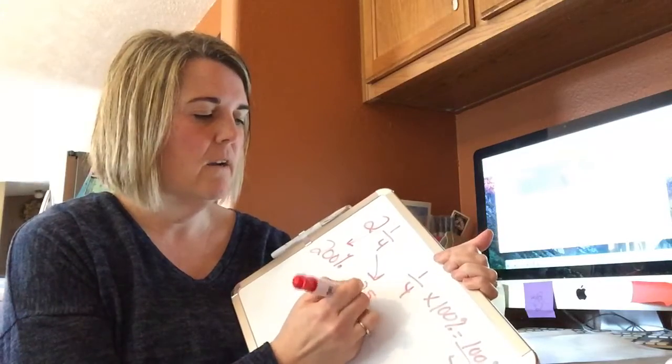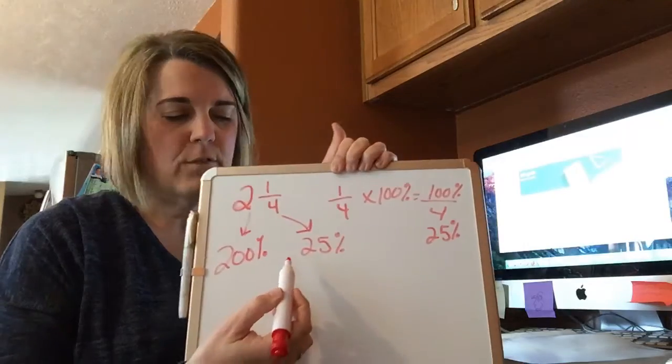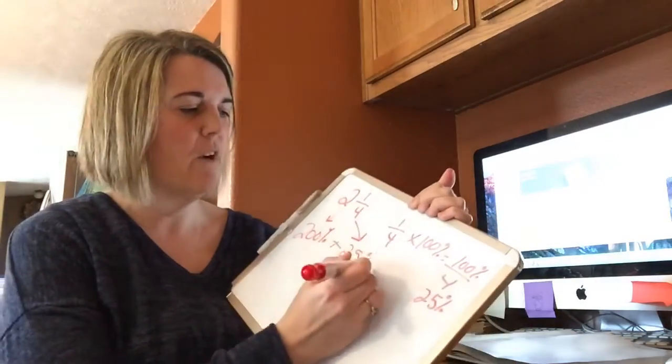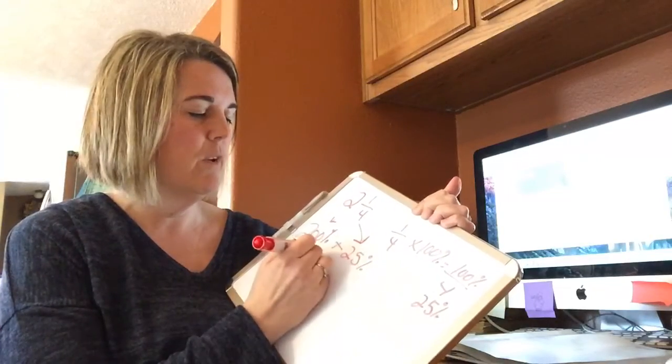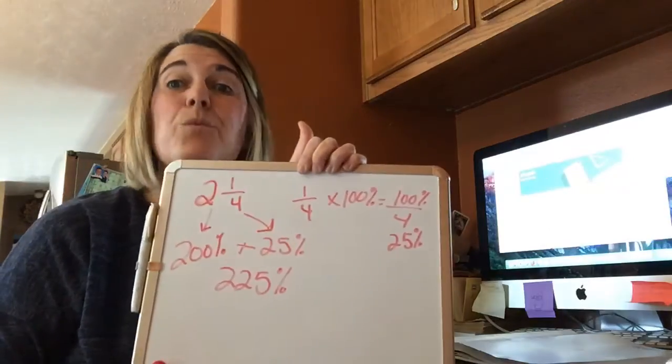So back here, we have 200% and we have 25%. We are going to add these two together. And so 2 1/4 equals 225%, okay? So that's one way to do it.